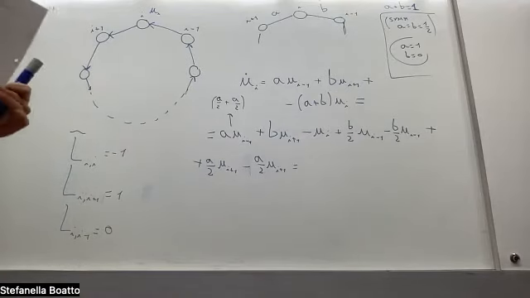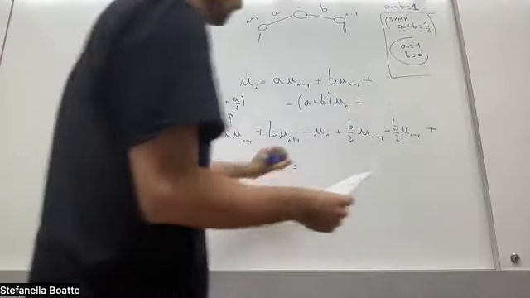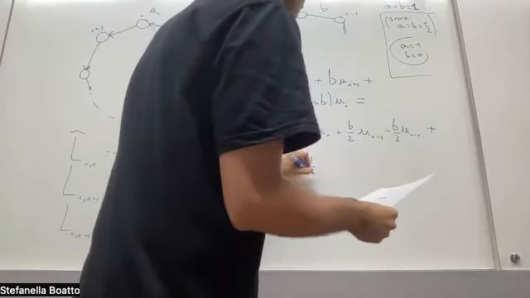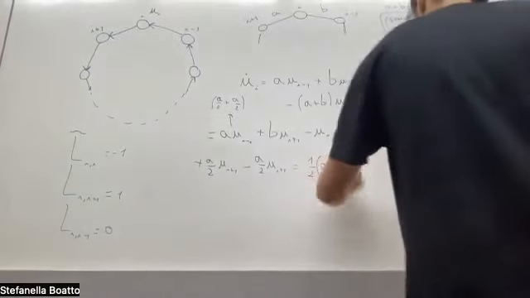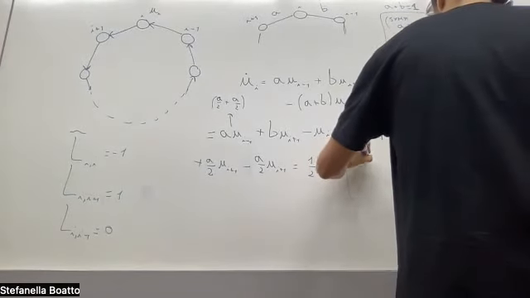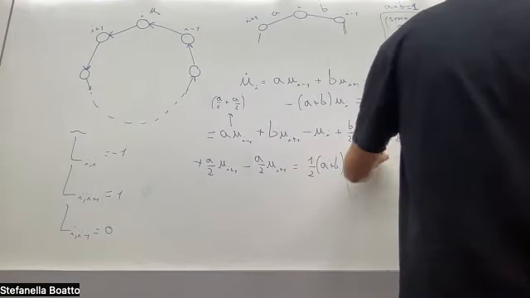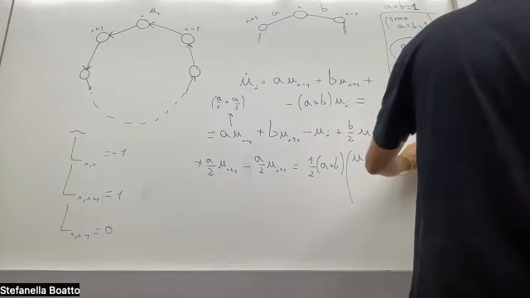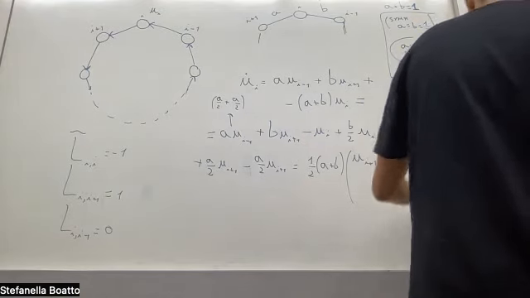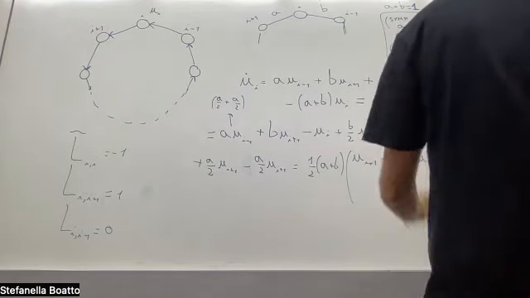So at the end, what you get is 1/2 A plus B, and then you have U I plus 1 minus 2 U I plus U I minus 1, which you should recognize.